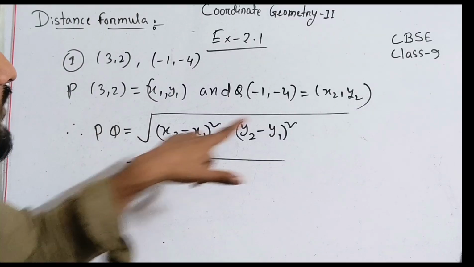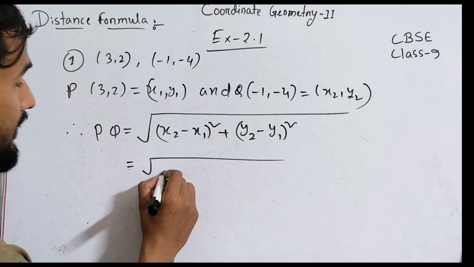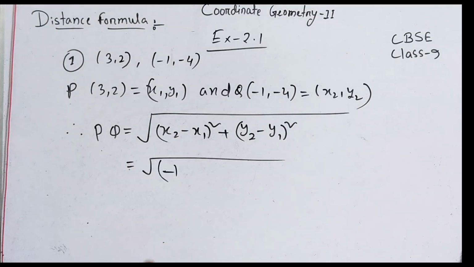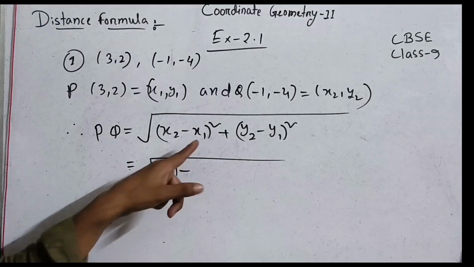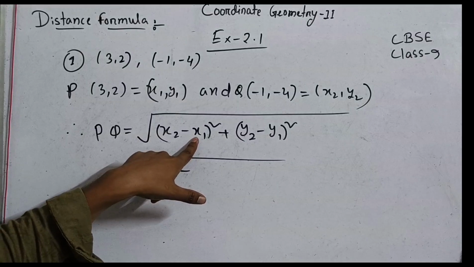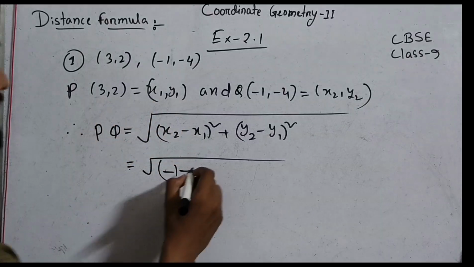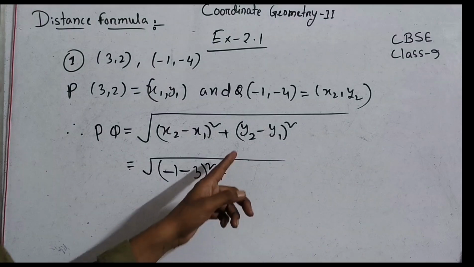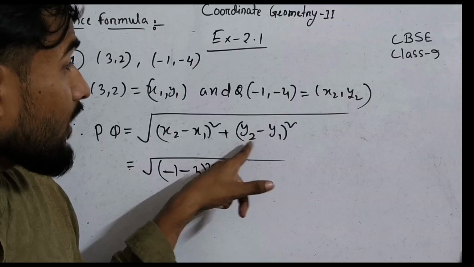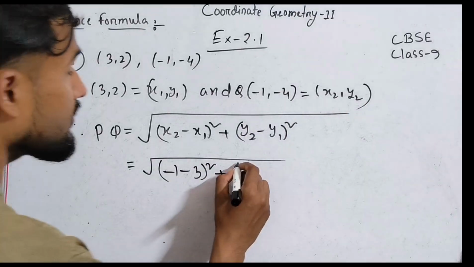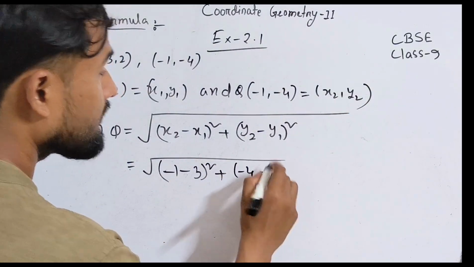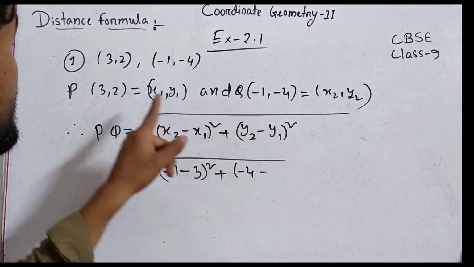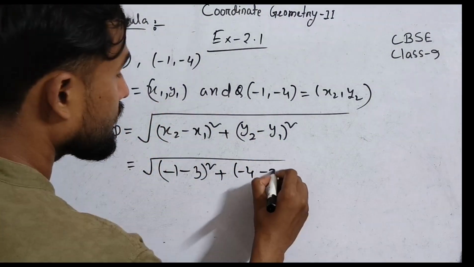The value of x2 equals minus 1, so let's put minus 1, minus the value of x1, x1 is 3, whole square, plus. Now let's put the value of y2: y2 equals minus 4, minus the value of y1, which equals 2.